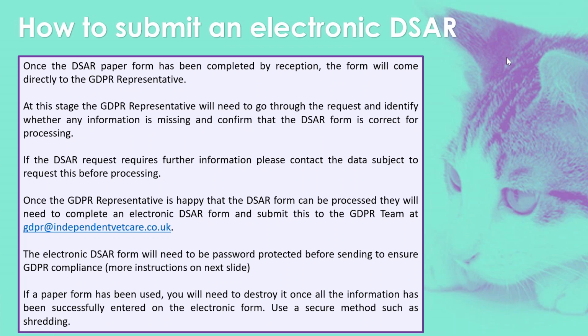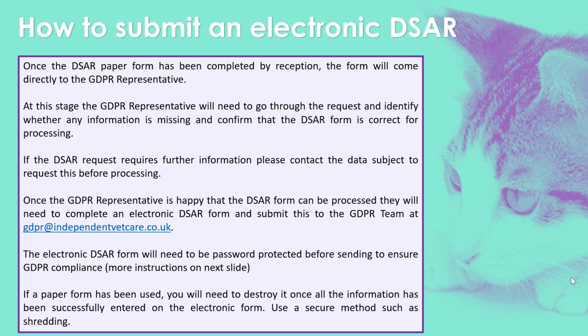Once you've got a valid DSAR form, so you are satisfied that all of the information is present and that the identification seen has satisfied the criteria of demonstrating their name, their address, and what they look like, you can then submit it via email securely to the GDPR team at Central Support on gdpr@independentvetcare.co.uk.